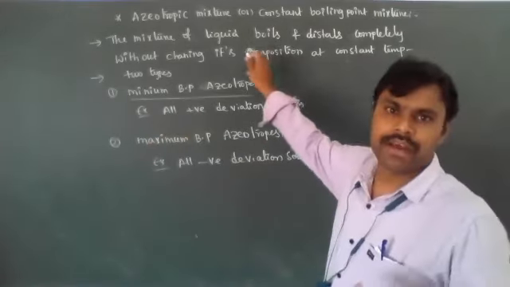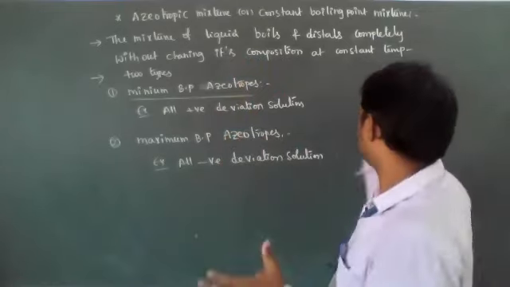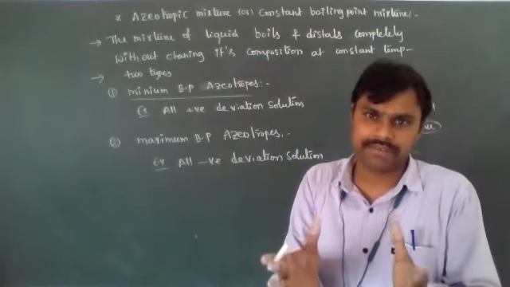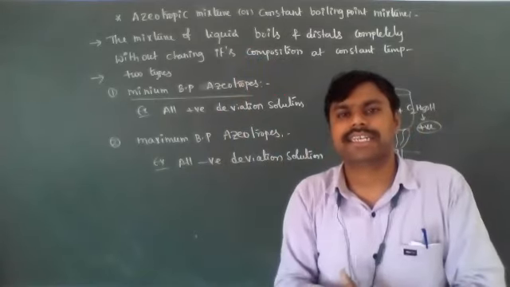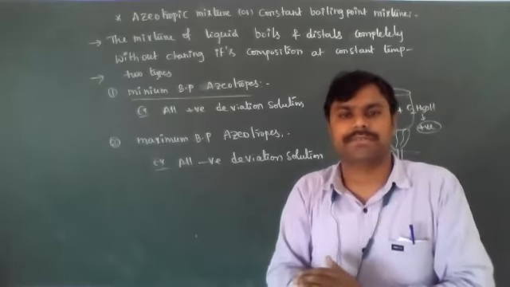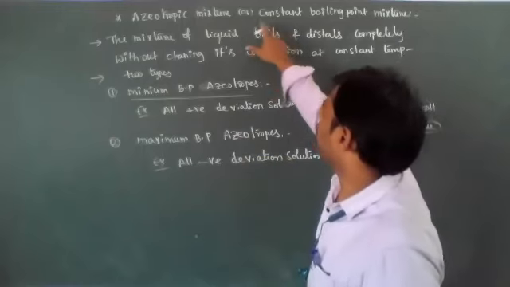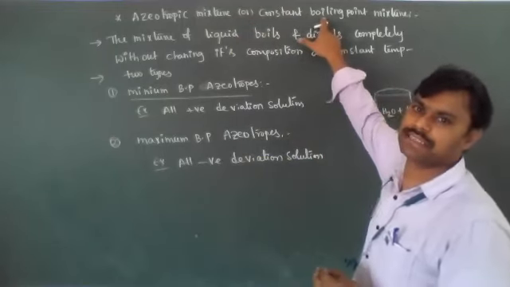Azeotropes are mixtures of liquids like alcohol and water, or alcohol and HCl. Such liquid mixtures we cannot separate by the steam distillation method, because they boil at constant temperature only. That's why azeotropic mixtures are also known as constant boiling point mixtures.